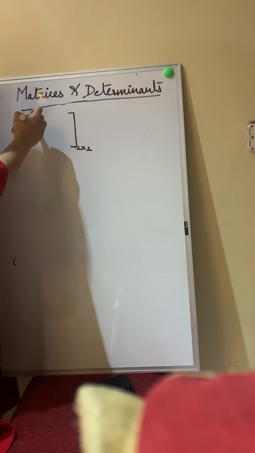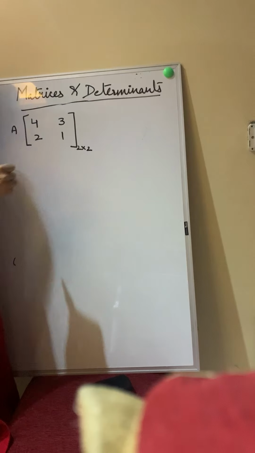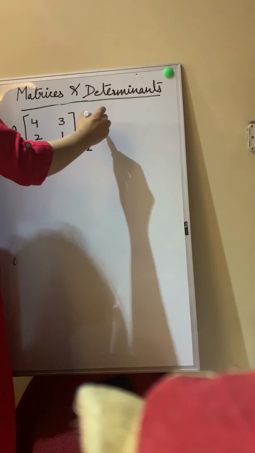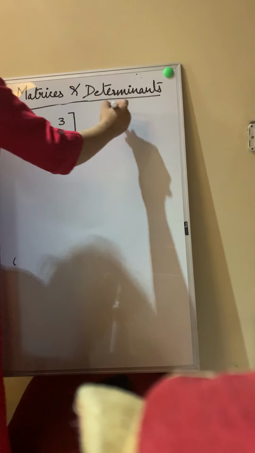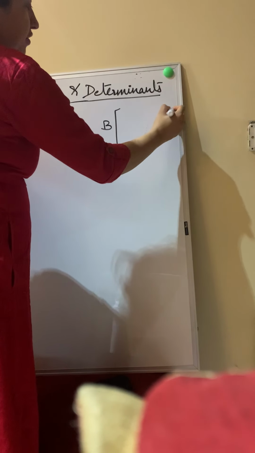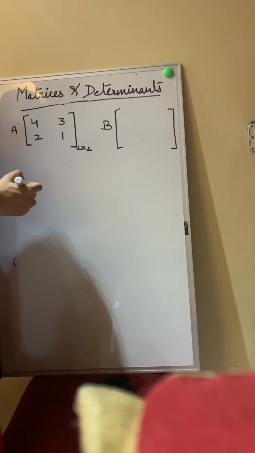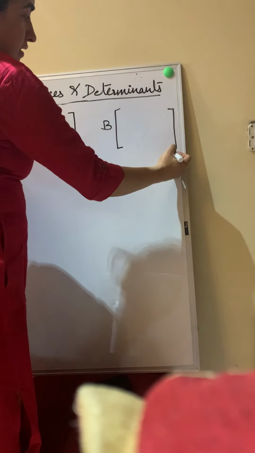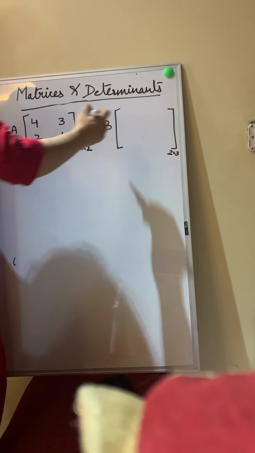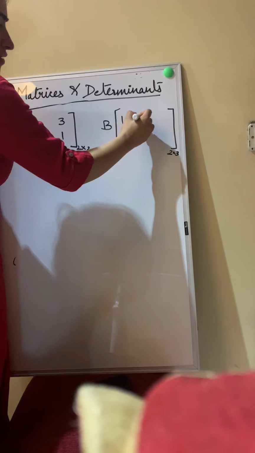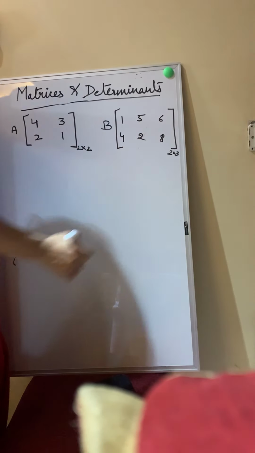I am taking random elements 4, 2, 3, 1. Now I have to multiply it with the matrix B, and I am taking the order of this matrix as 2:3. Now 1, 4, 5, 2, 6, 8.